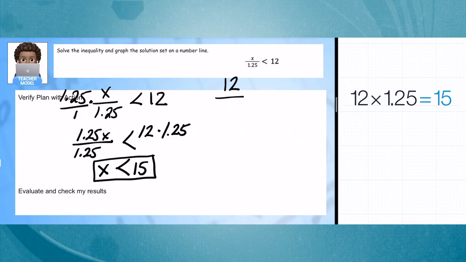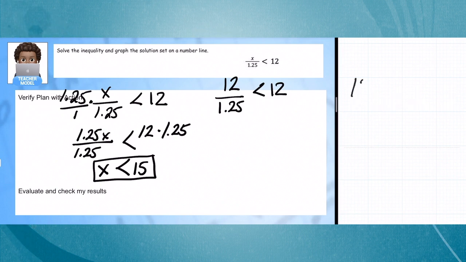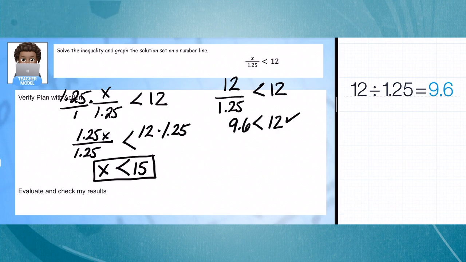So 12 divided by 1 and 2500ths is less than 12. Let's see if that's true. 12 divided by 1 and 2500ths is equal to 9.6. So that is true. 9.6 is less than 12.